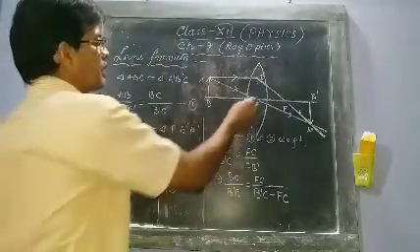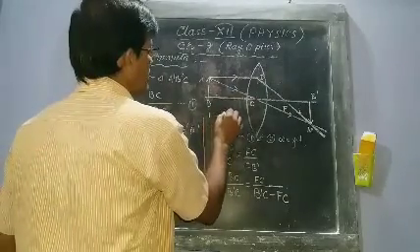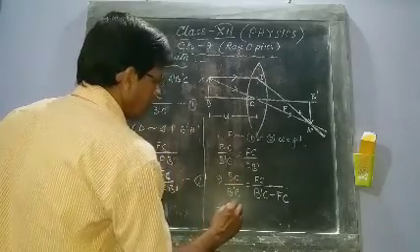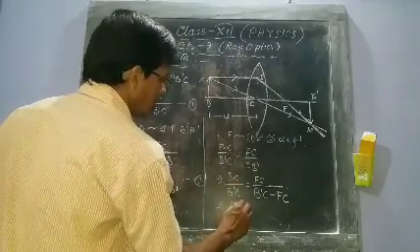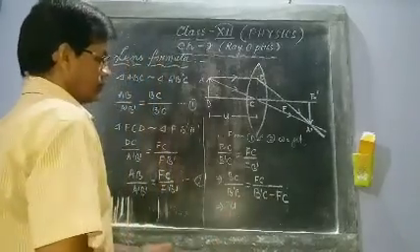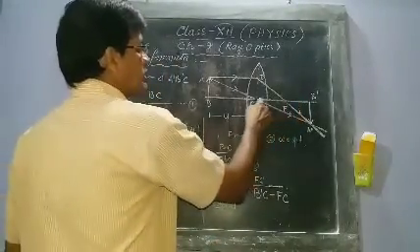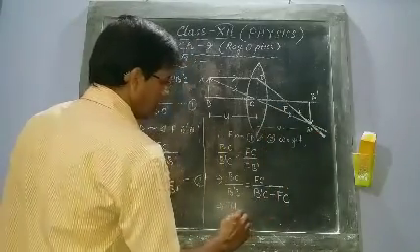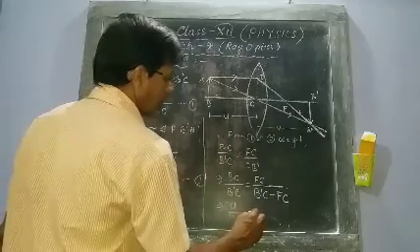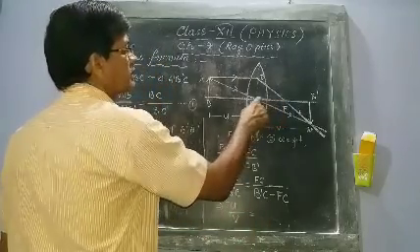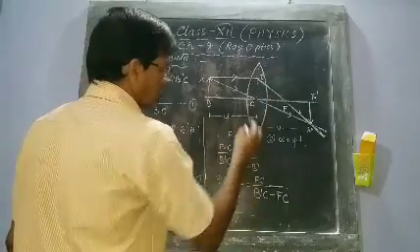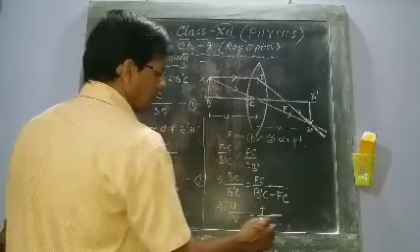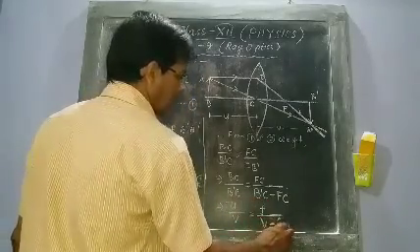BC means object distance, U. But this is on the left side, so minus U. B dash C is your V, on the right side, so positive. And FC is the focal length, on the right side, so F. By B dash C, V minus F.